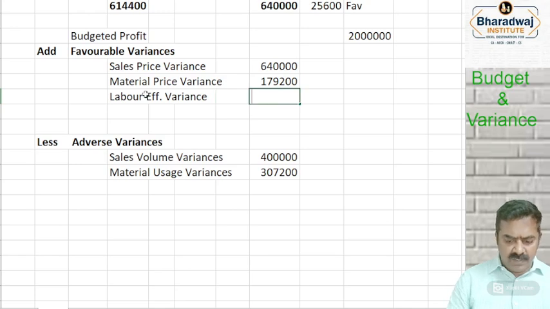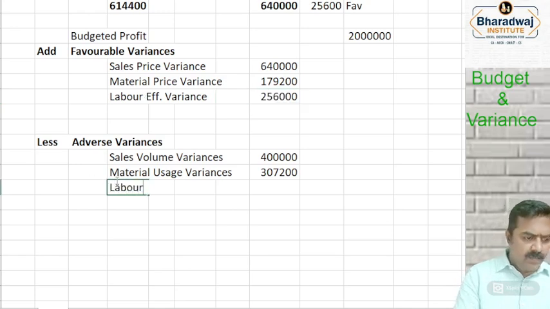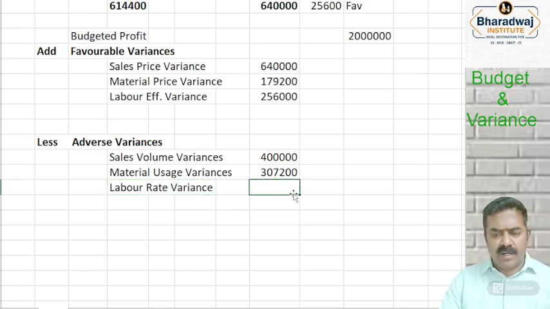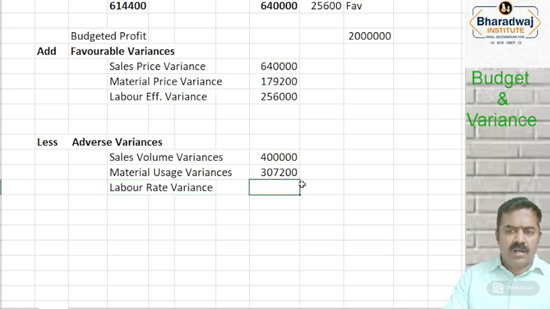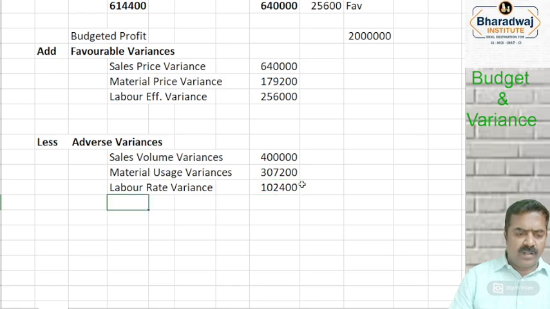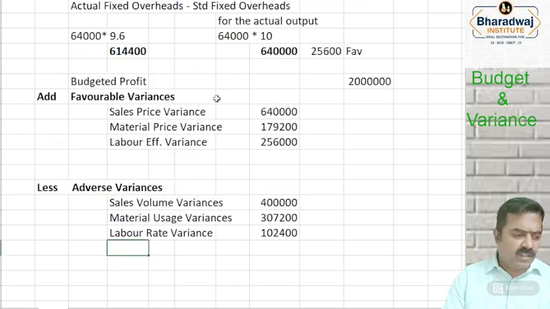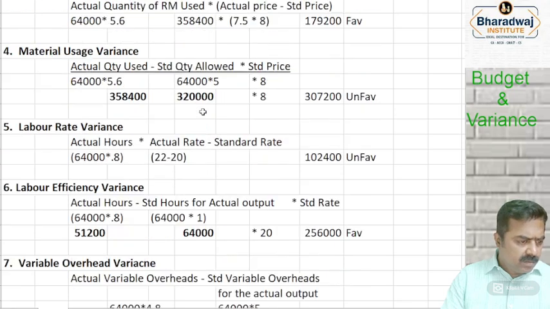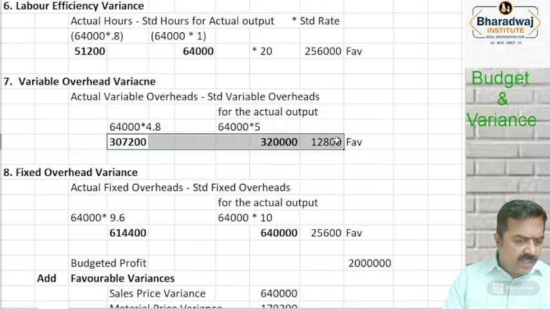Labor efficiency variance, I get 2,56,000 favorable. Labor rate variance is unfavorable. What is the labor rate variance? 102,400 unfavorable. Then we can find variable overhead variance is favorable.